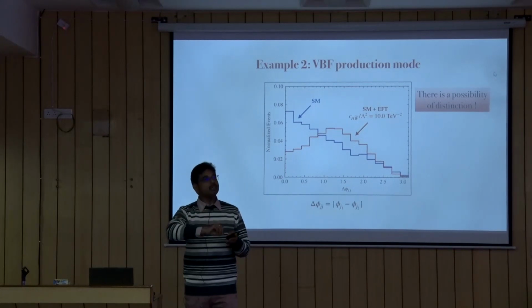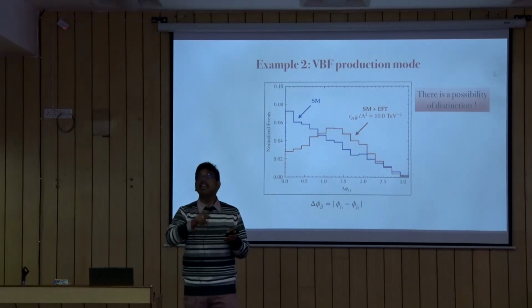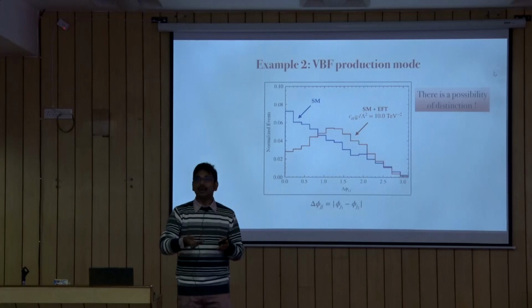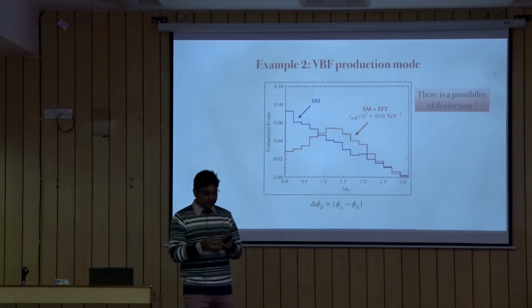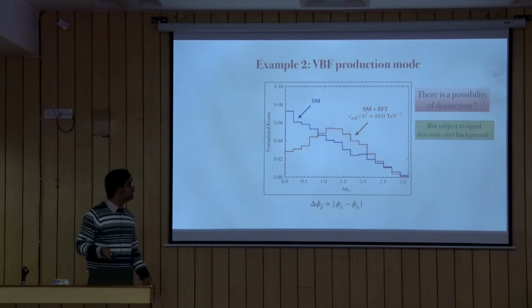The distinguishability of the signal, and then the distinguishability between the standard model and standard model plus effective operators, comes next. The establishment of the signal over the background fluctuation is the first important point, and it is not very easy.